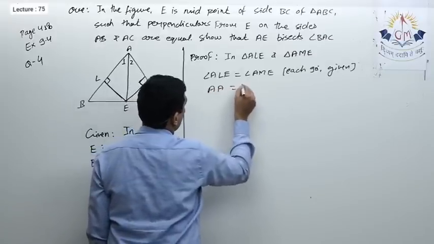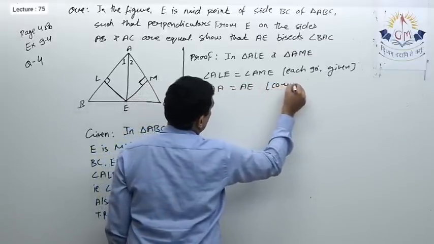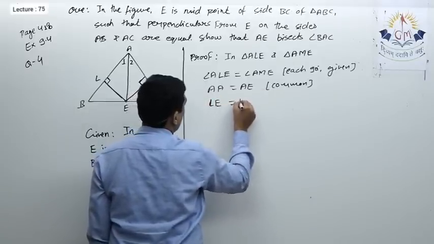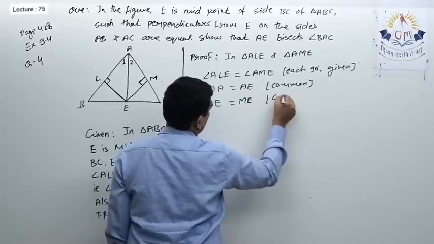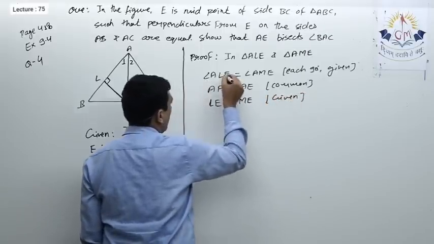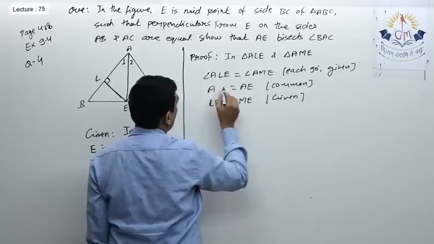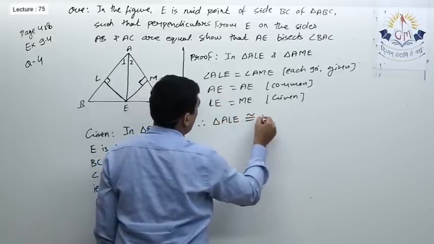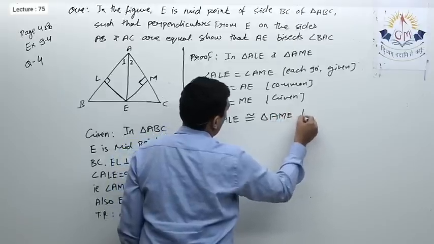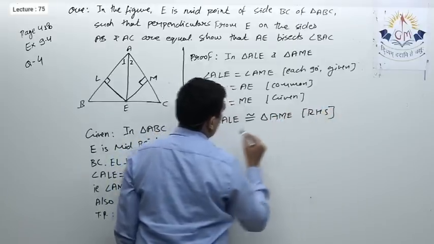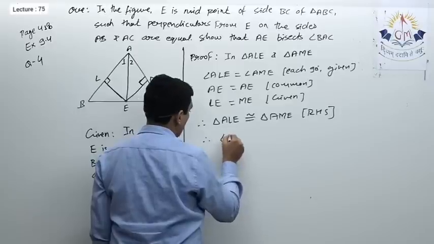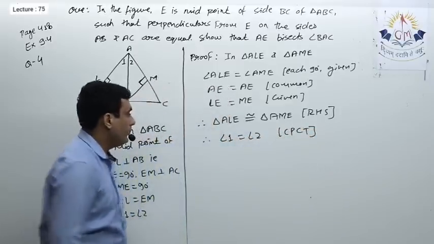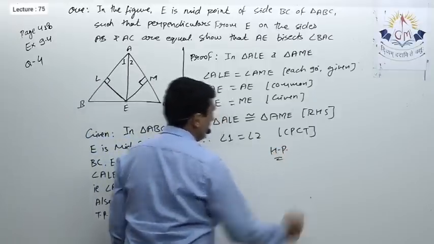AE is equal to AE, that is common, and finally LE is equal to ME, that is again given. So the triangles are congruent by RHS. Therefore triangle ALE is congruent to triangle AME by RHS, right angle hypotenuse side, and hence angle 1 is equal to angle 2 by CPCT. So proved. Please sit down, then we'll see the next question.